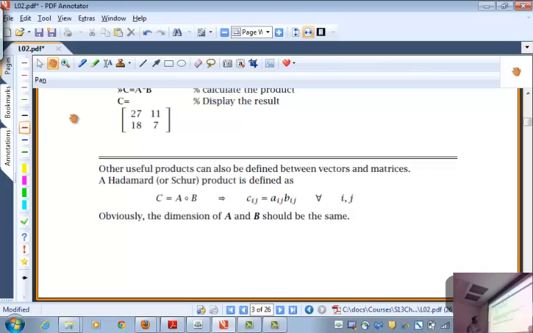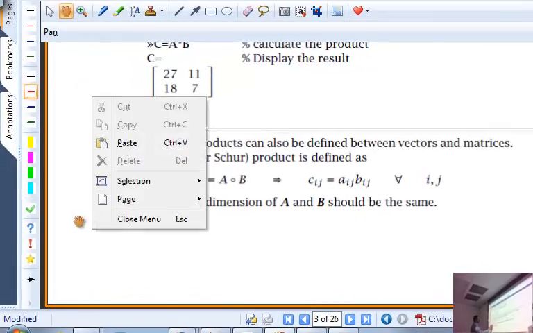Now, as I said, there are other products one can define. One is called a Hadamard or a Schur product, which is defined with this symbol, a dot with a circle in the center, A B. That is an element by element multiplication, which is what MATLAB introduces as A dot star B. Okay? So here, obviously, A and B should have the same dimension.